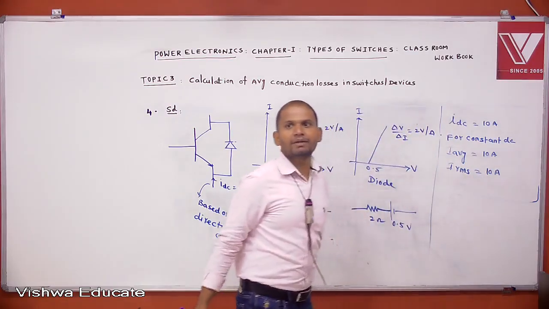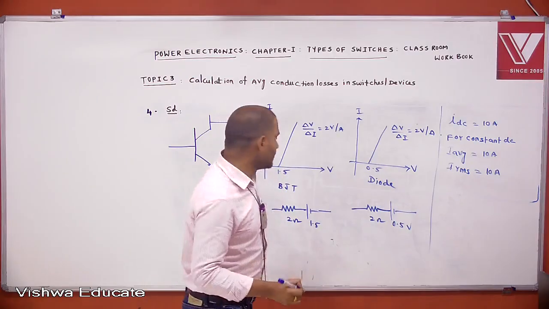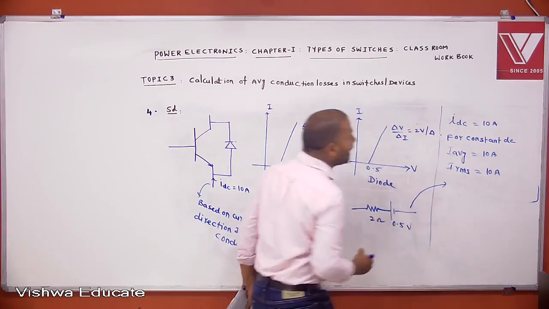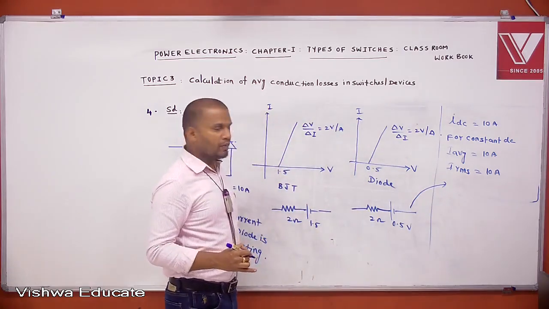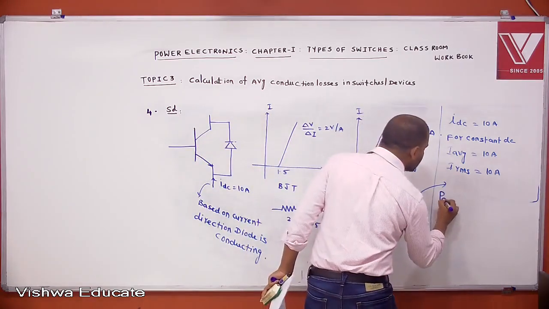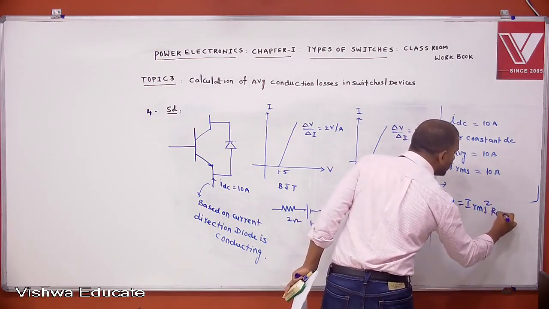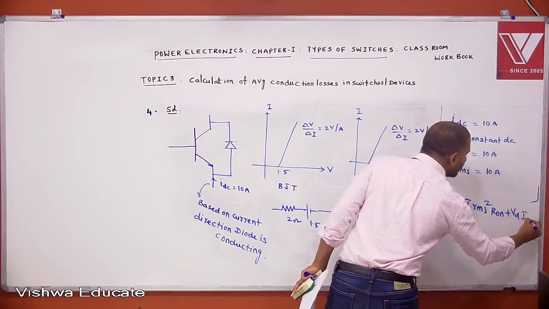Then to calculate power loss in the diode, P average is equal to I RMS square into R on plus VD into I average.